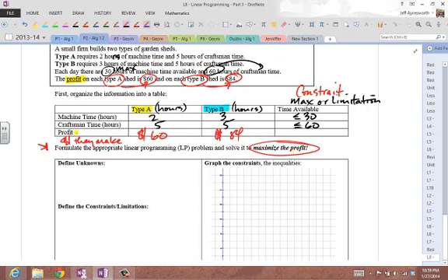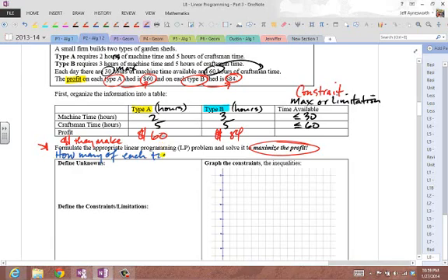In fact, let me write that down. So how many of each type should be made to maximize profit? That's the big question in this problem.